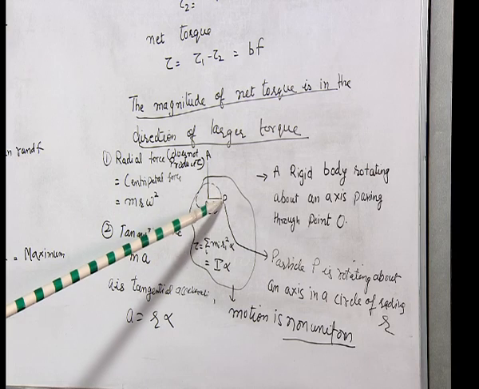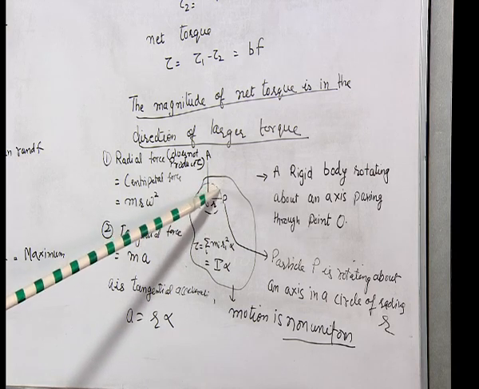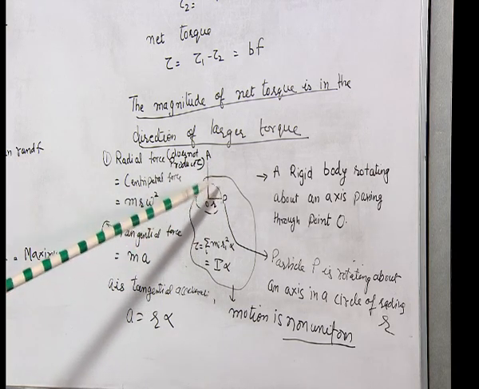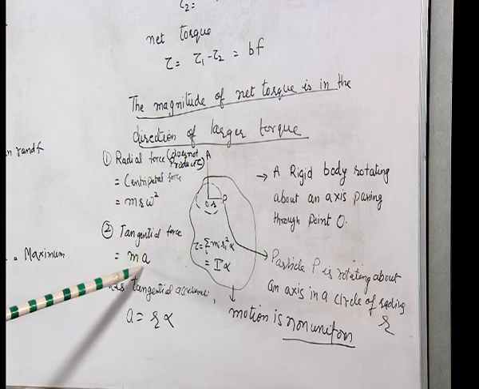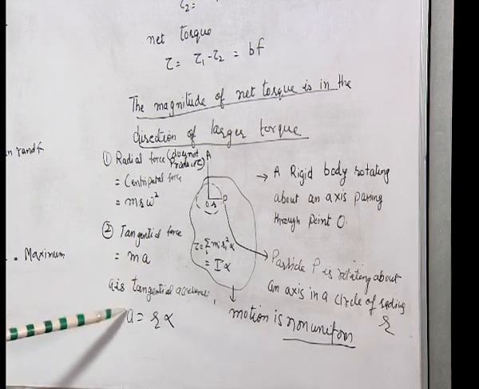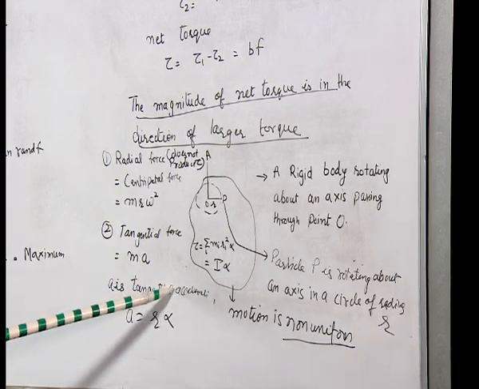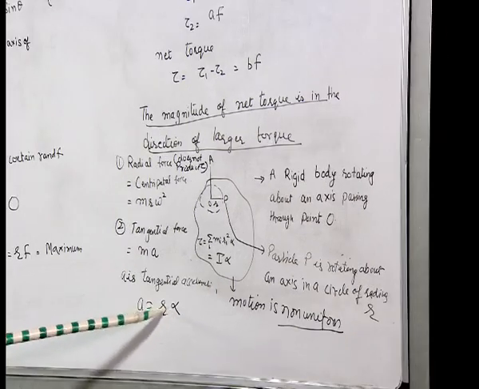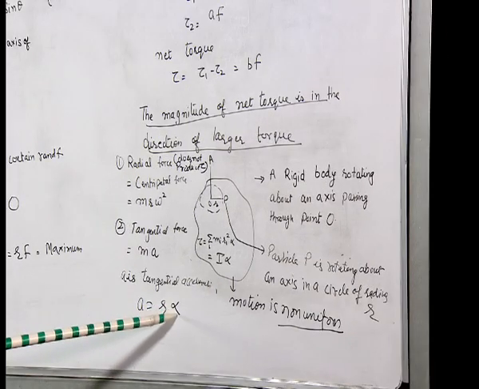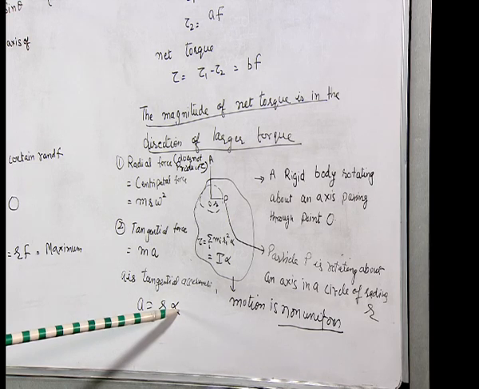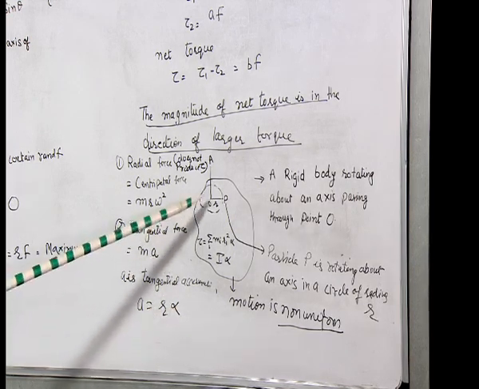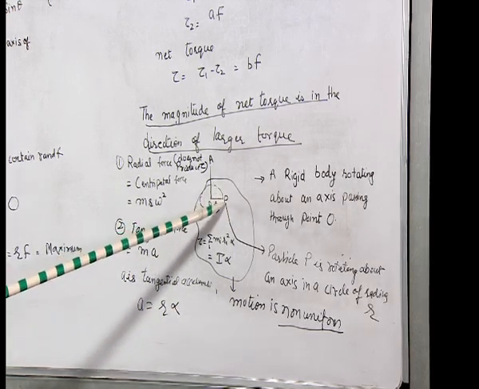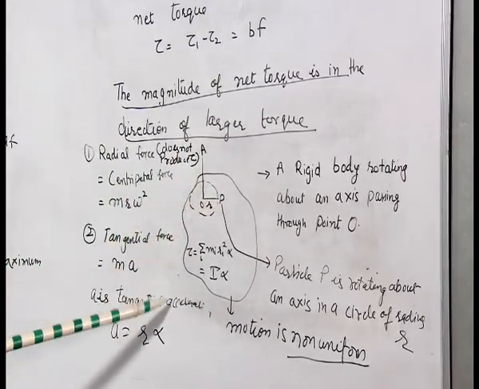While the tangential force, which is responsible for the change in the velocity, is given by m a, because the change in velocity with time gives acceleration. a is called the tangential acceleration, and it is related to angular acceleration by r alpha. Alpha is the angular acceleration and r is the distance between the particle and the axis of rotation.